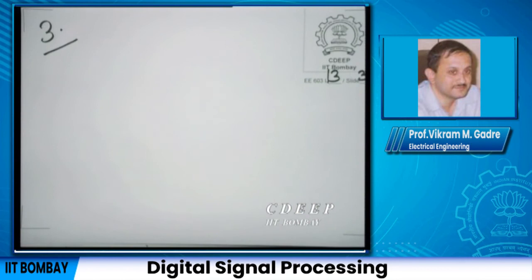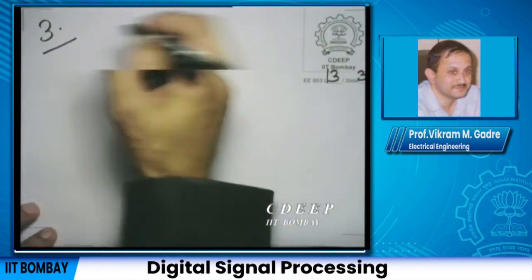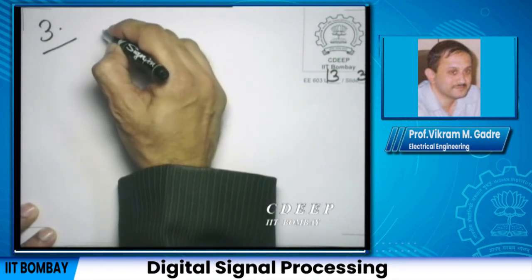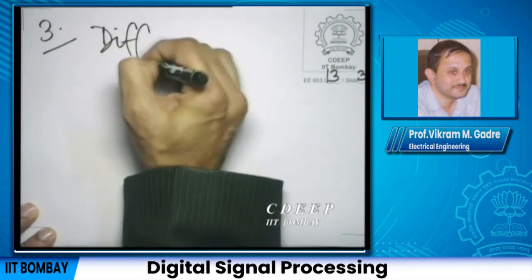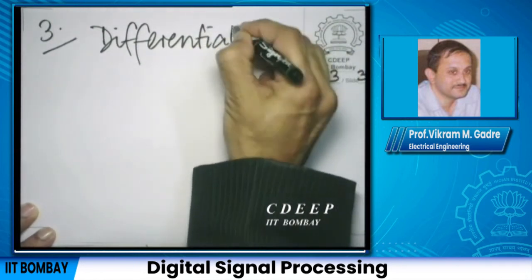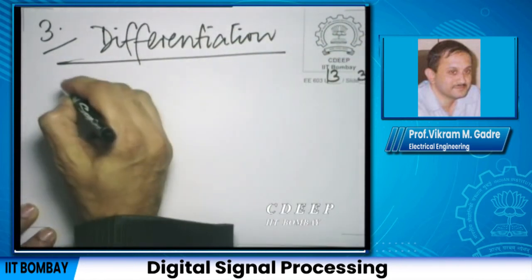Now, we see a very interesting variant. We will see one variant of a property today, and then we will look at more properties in the next lecture. The important variant we will see is that of differentiation. And here we differentiate the Z transform. So, here we go the other way.